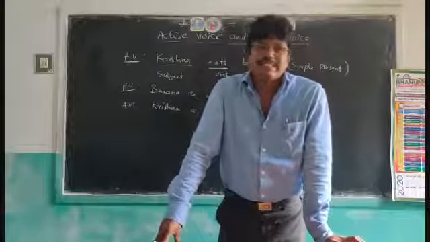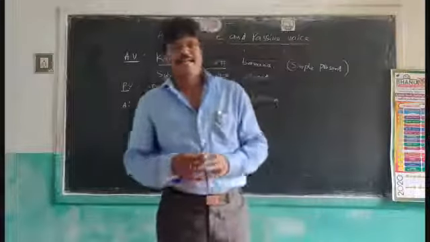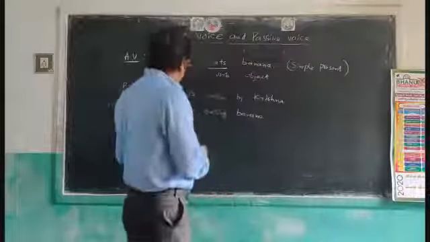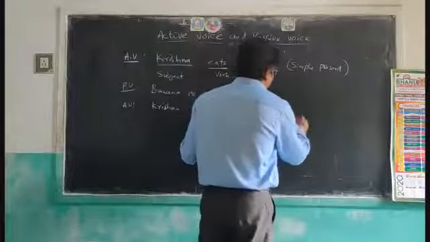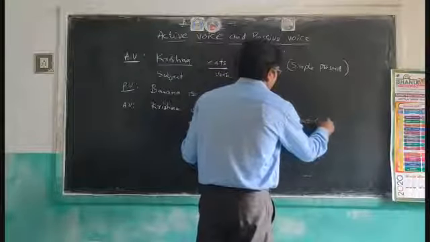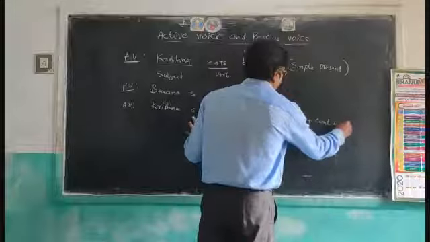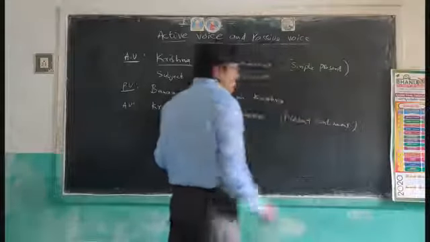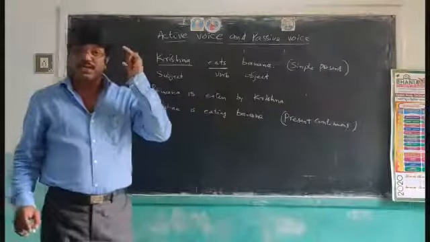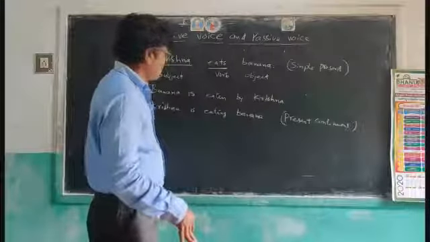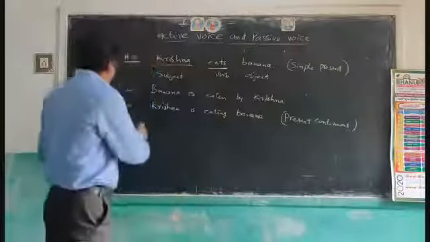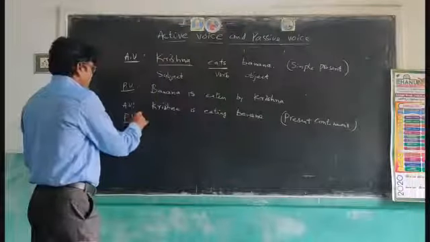Which tense is it? Krishna is eating. Is eating, continuous tense. Present continuous. Present continuous tense. Immediately you can identify. Krishna is eating banana. We change it to passive voice.